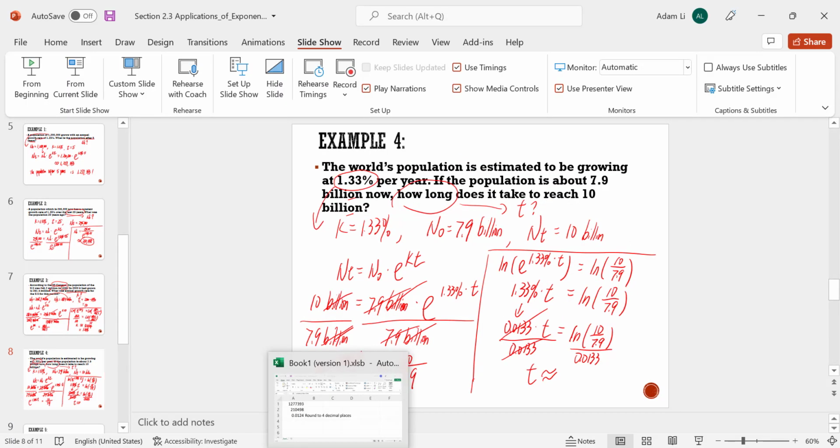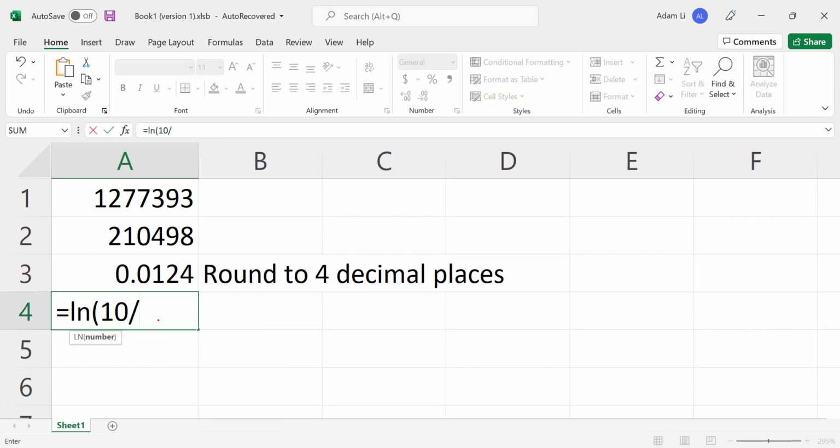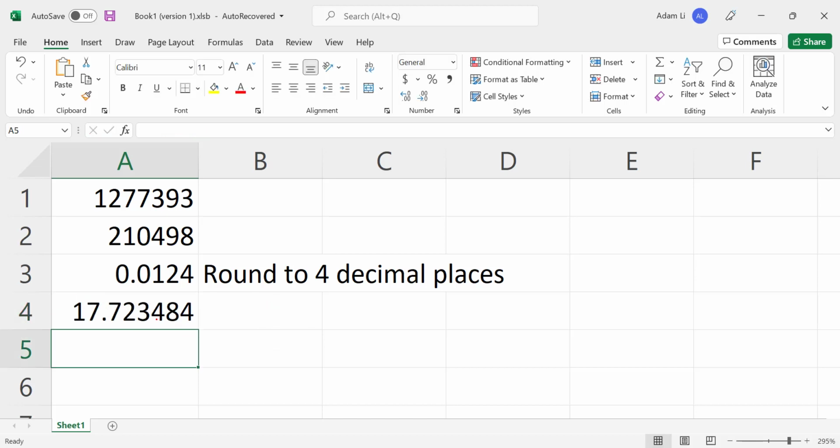So again, we're putting it into Excel: ln of 10 over 7.9, and dividing by 1.33%, which is 0.0133. That should give us the time t. Typically we round to one decimal, so it's 17.7 years.